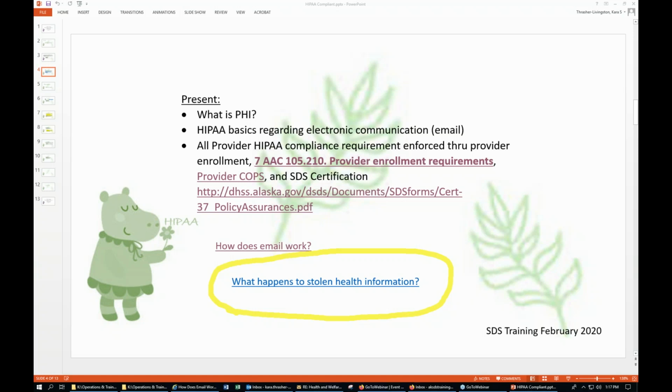What do you think? What happens to stolen health information? Anybody?